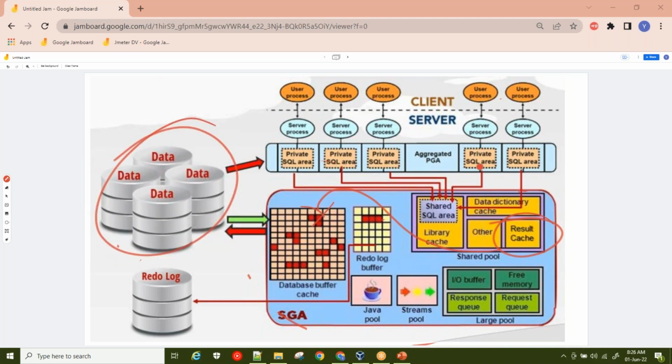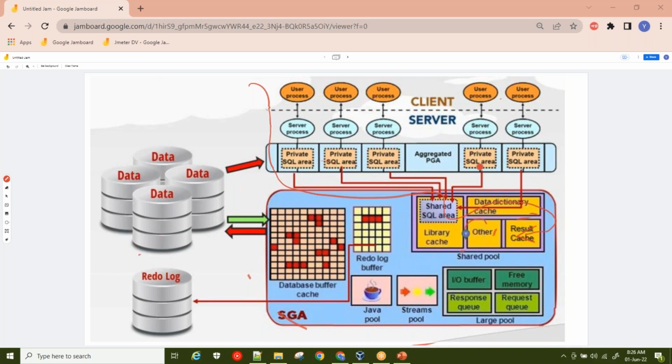So if you see the flow of data, in the shared pool, first it will enter user process, server process, private SQL area. It will go to shared SQL area. Then it will go to the data dictionary. Then it will go to the result cache. In this way, the process will move on. And there is one other section also inside this.